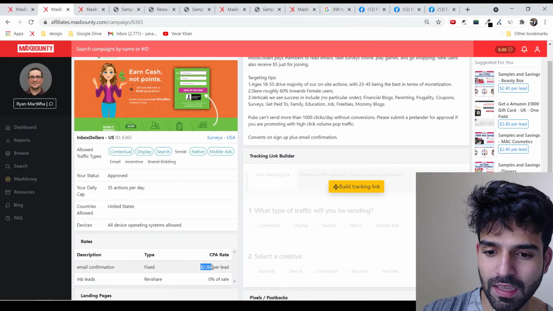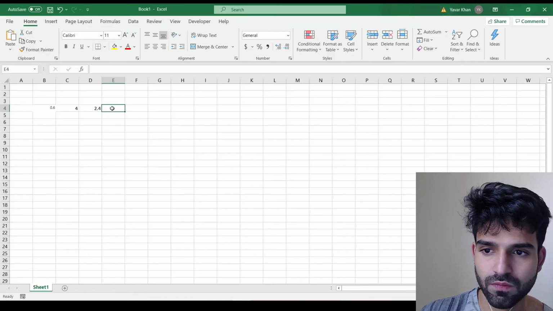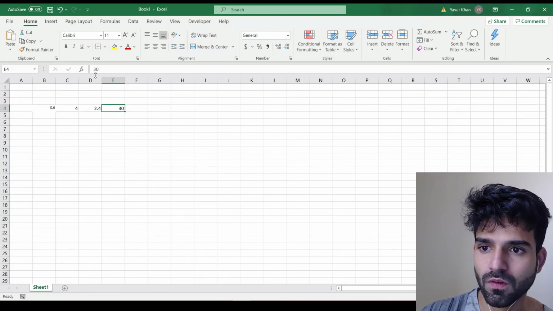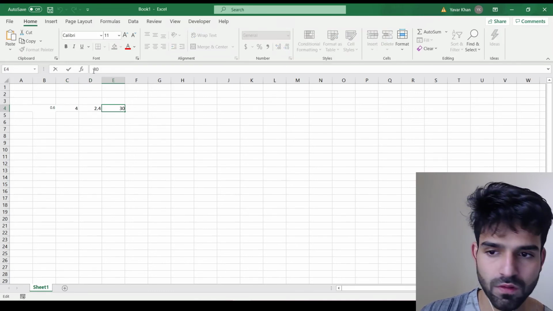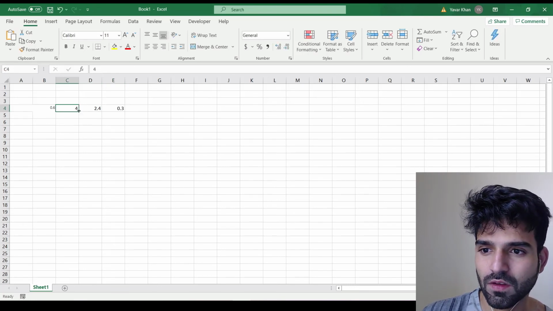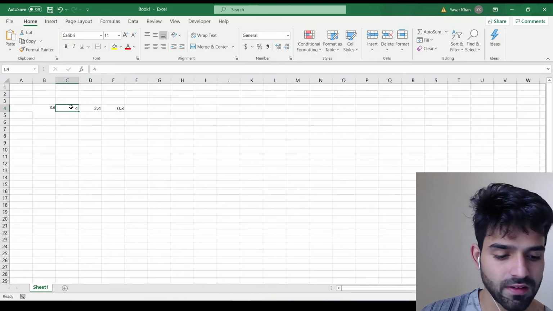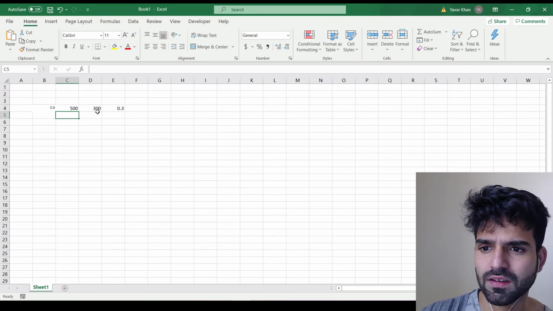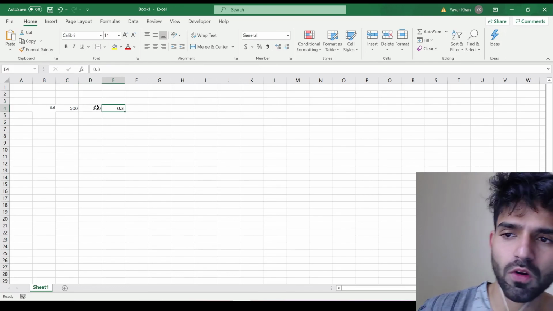And if you're making 20 cents, or 30 cents, 0.30, even with this, imagine you get 1000 clicks, or just get 500 clicks. You're gonna make a good amount of money in the beginning.